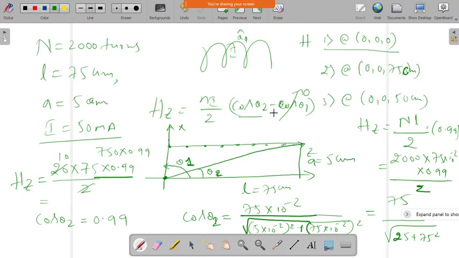Sorry, this is nI, not L. I is 50 milliampere, that is 50 into 10 power minus 3.